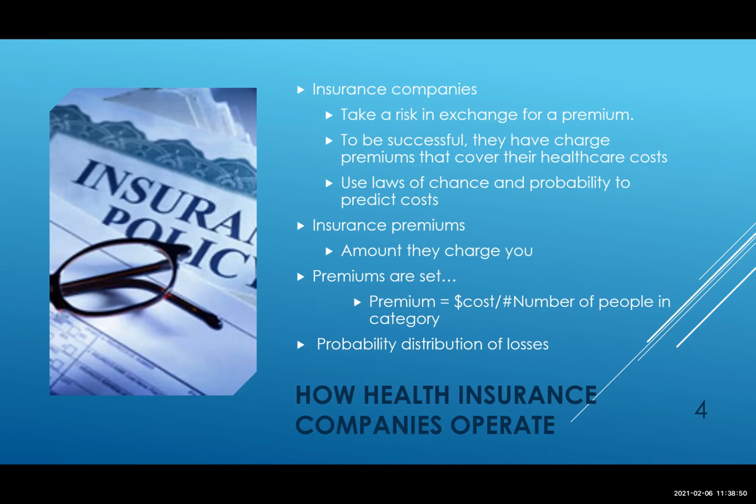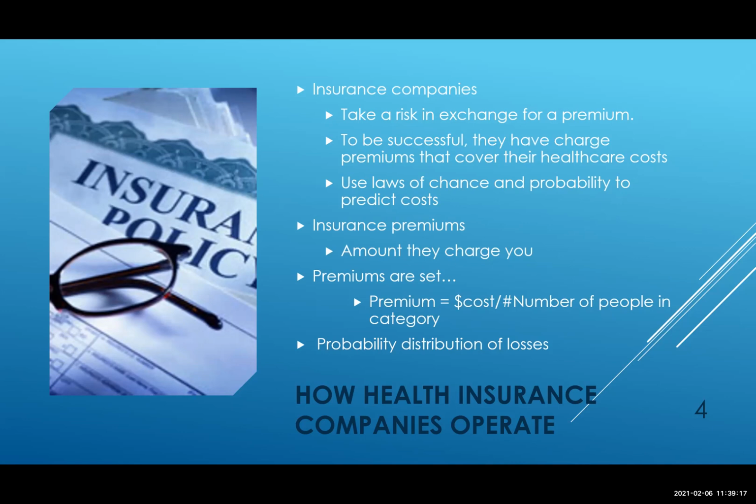So basically, they're using these laws of chance and probability to predict what the cost is going to be for each individual that they are covering. So your insurance premium, again, is the amount that they charge you. And premiums are set by a simple equation. It's the cost divided by the number of people in whatever category.